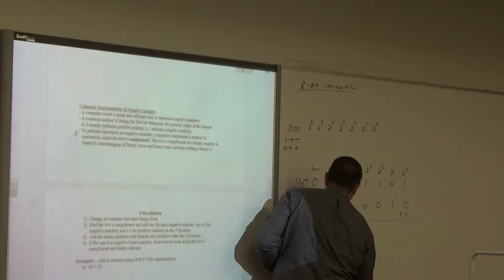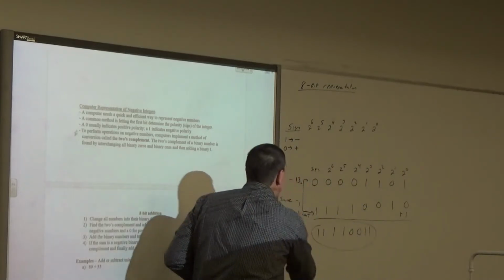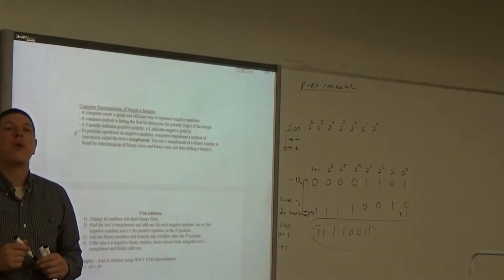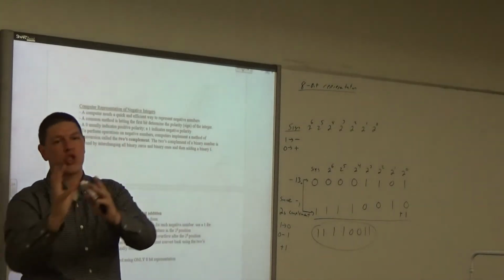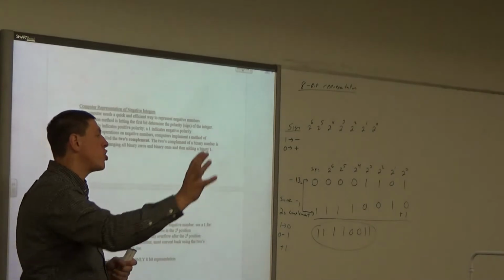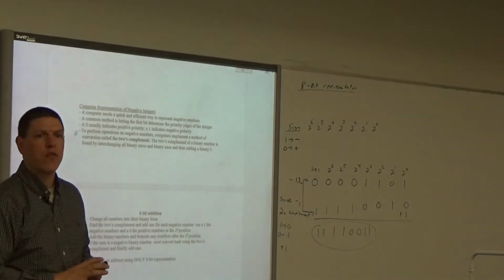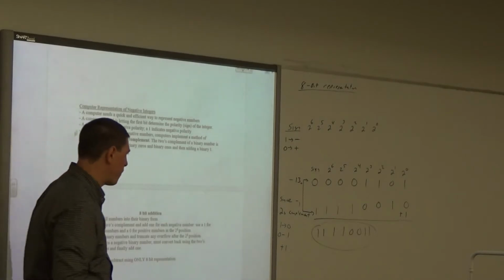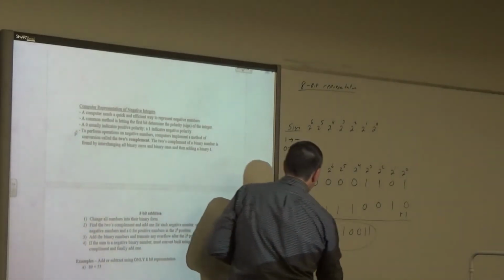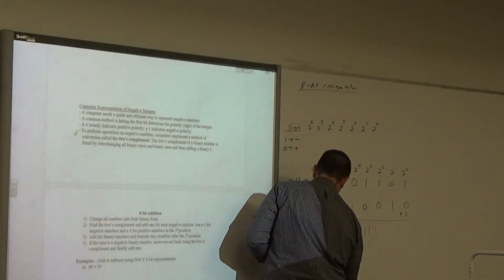And this is the way, in 8-bit addition, that a computer recognizes it. It doesn't want to have 2 different registers, one for negatives and one for positives. It just wants to have 1 register for numbers. So what happens is, the computer reads this.